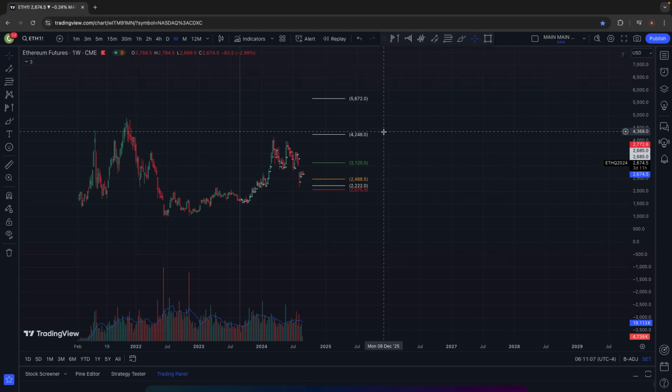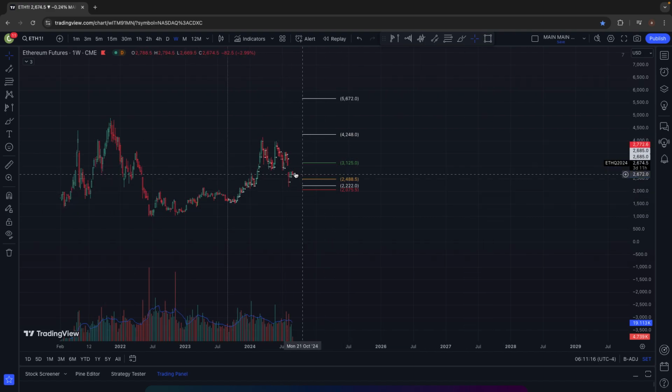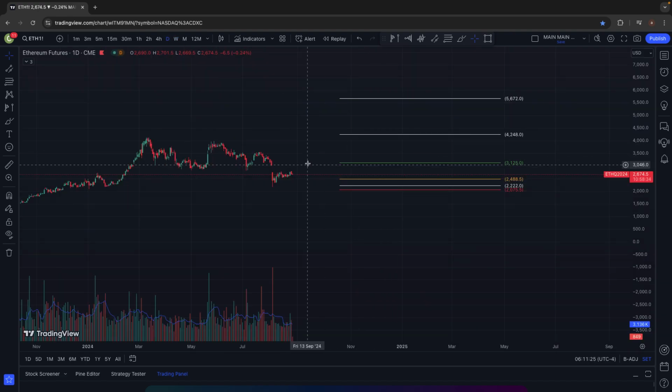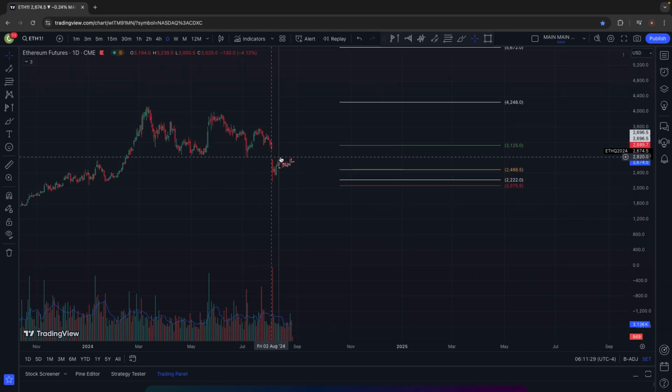Hopefully Bitcoin can just shoot on up and take us with it. But if Bitcoin starts showing weakness, it's probably because ETH is already proving to us that there's a little bit of a fight left before upside continuation. So just keep in mind that I'm looking for upside here at 3,100, but yes, we can fight this out a little bit.